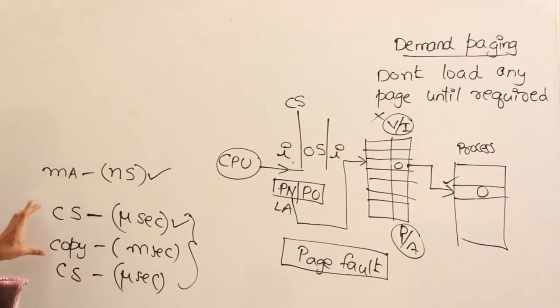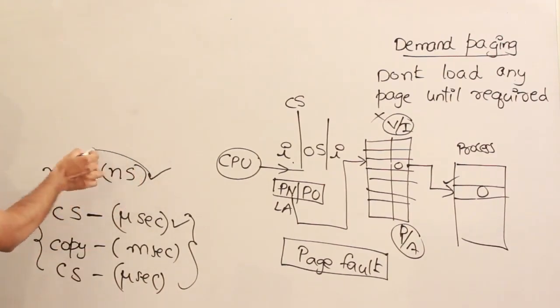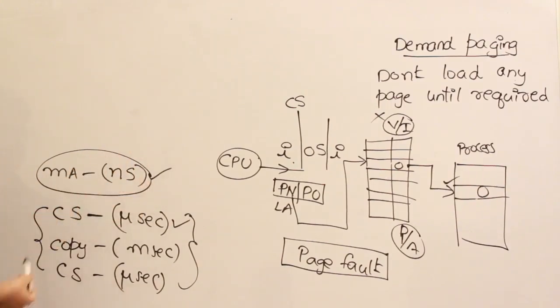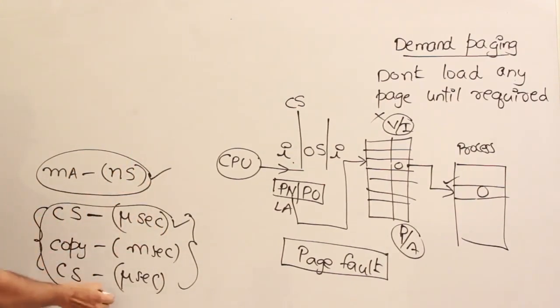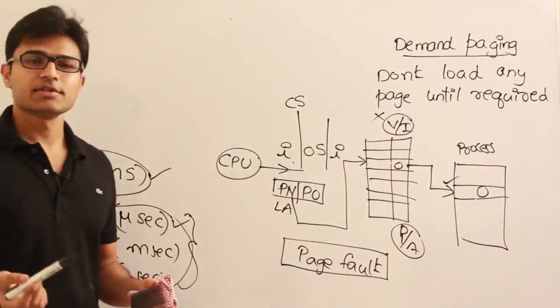So anyway, it is a lot of time consuming activity, isn't it? If there is no page fault, then the process is going to run very fast and smooth. Now if there is a page fault, the process is going to take a lot of time, right? Now what happens if there are lots of page faults? What happens if every reference is a page fault?